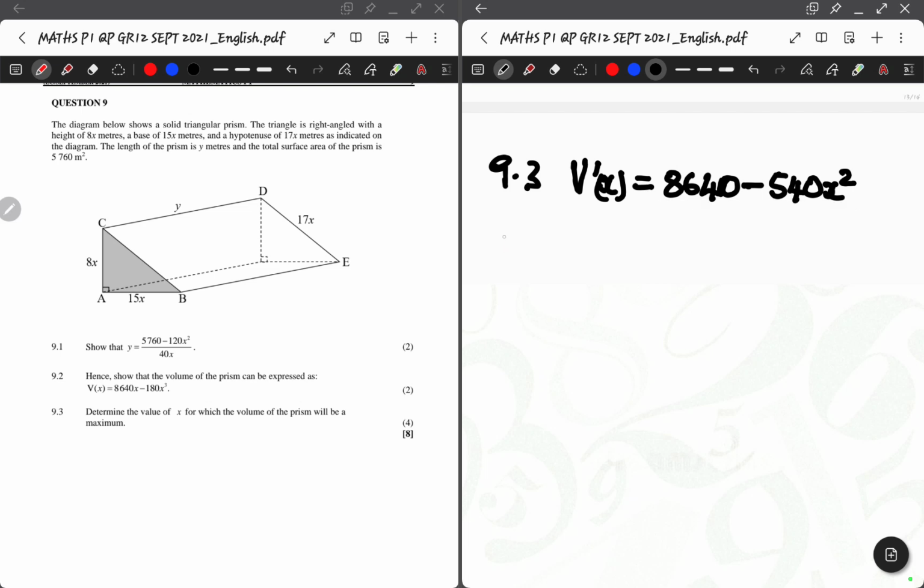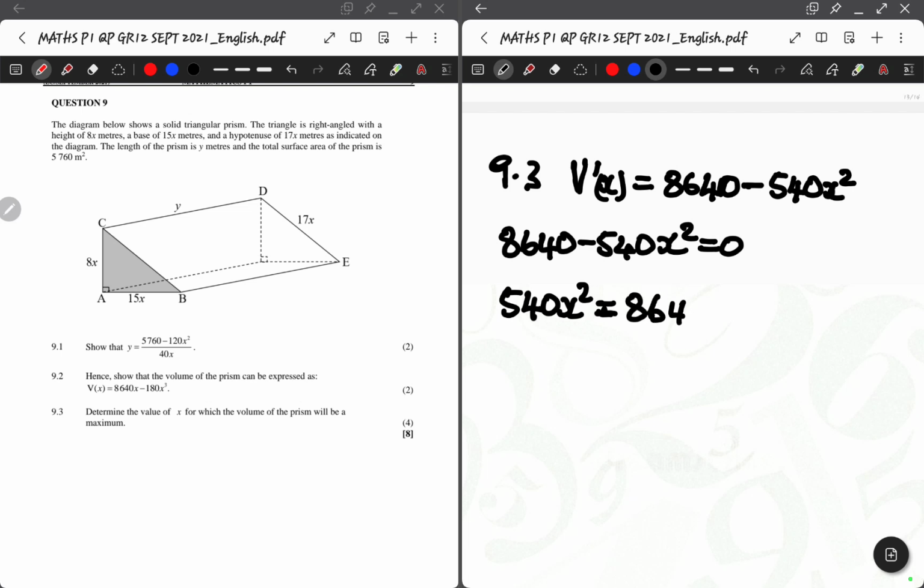We're going to say 8640 minus 540x squared equals 0. Then 540x squared equals 8640.